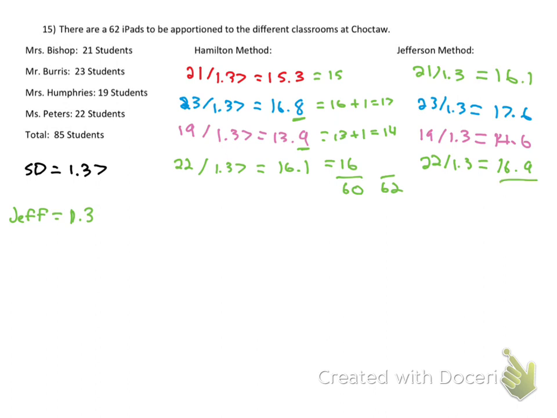So if we added that all up, 16 plus 17 plus 14 plus 16, that'd give us 63 iPads. That'd give us one too many.